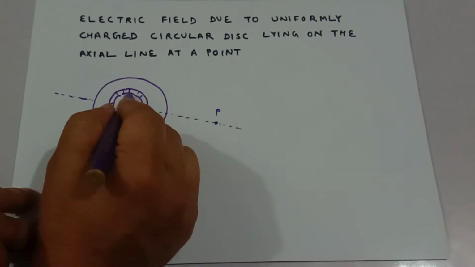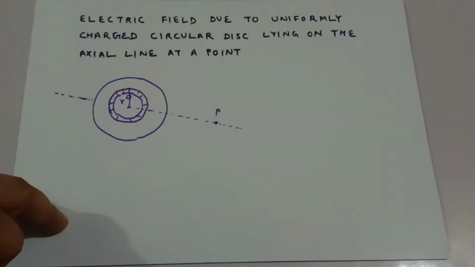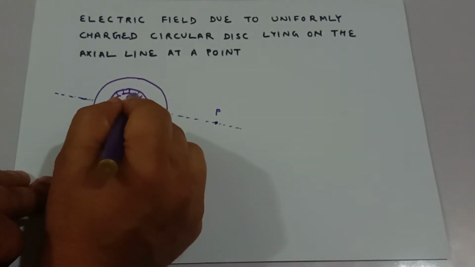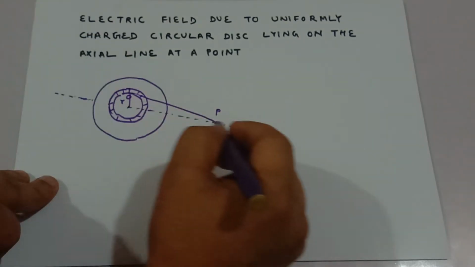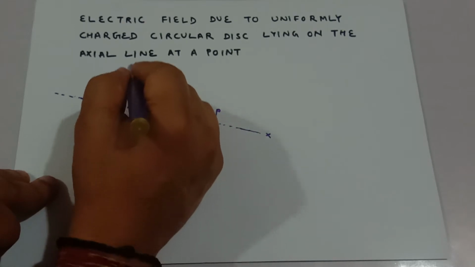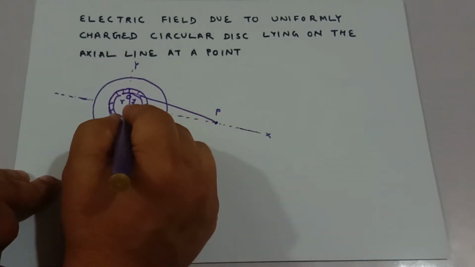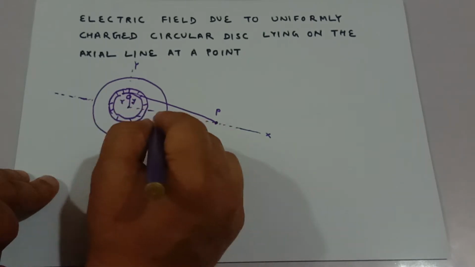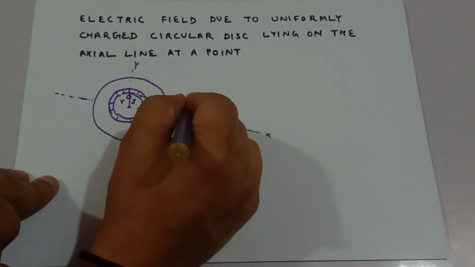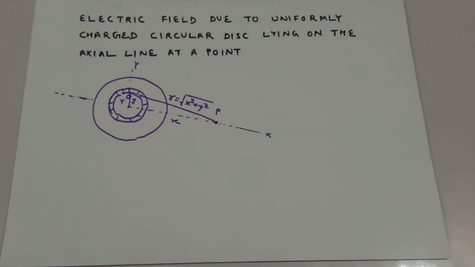So let us assume that this is the radius small r, and then you need to calculate what is this distance. If suppose this is your x-axis and this is your y-axis along this line, so if suppose this is the y and the distance from O to this point is small x, so this distance would be r, which is the square root of x square plus y square, that we know.